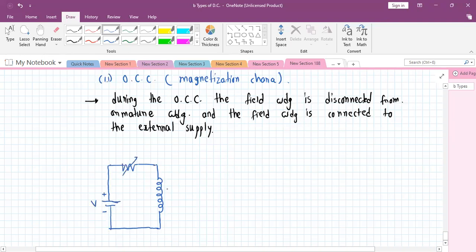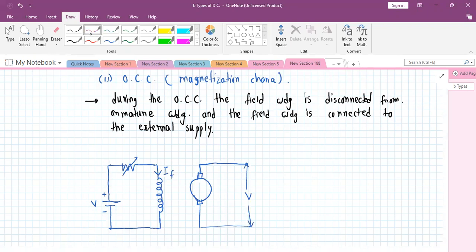Which current is flowing? Field current, IF. Your armature is disconnected; you have to show it separately, and here you get a terminal voltage.